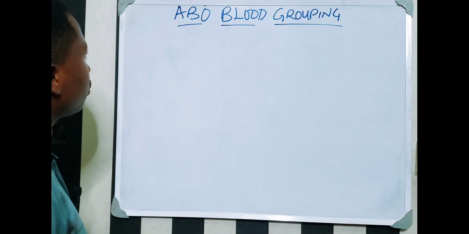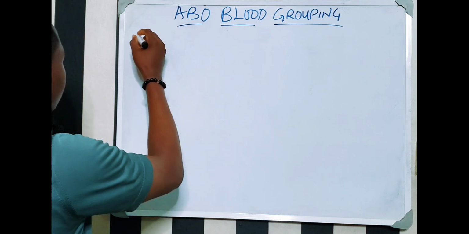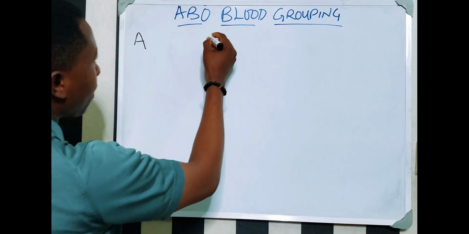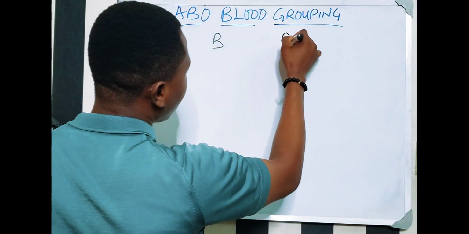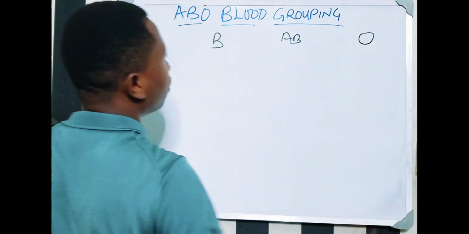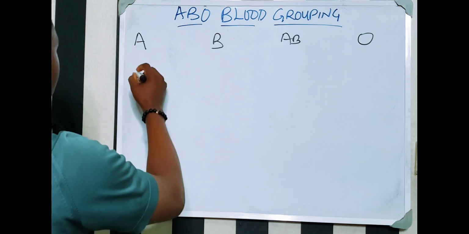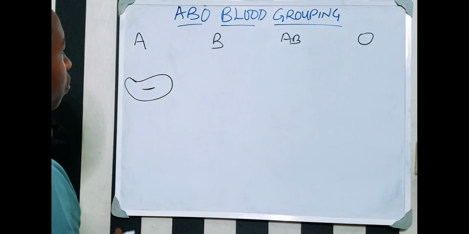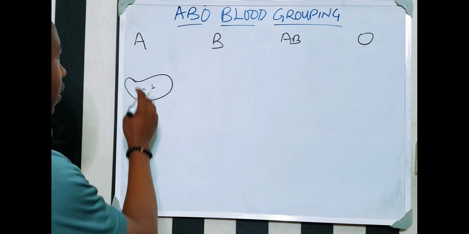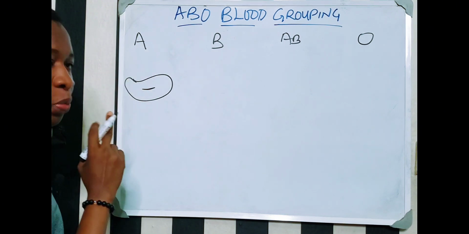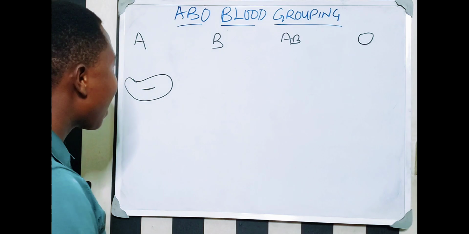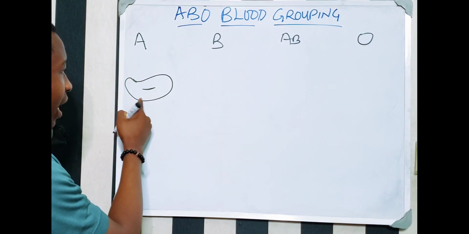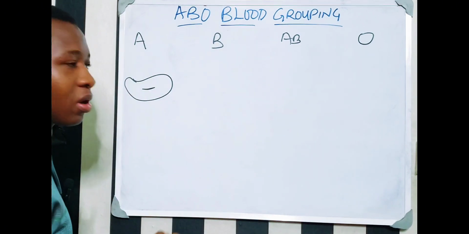Now, starting with blood group A, we have A, B, AB, and blood group O. Starting with A, let's assume this is the erythrocyte of blood group A. Why it is called blood group A is because it has an antigen on the surface of the red blood cell.